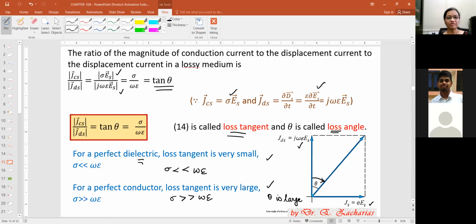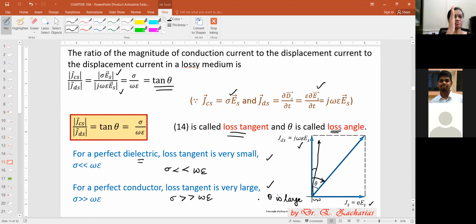Whereas when you come to a perfect dielectric, what will happen? The conduction part will become small, whereas the displacement current will be large. So your graph will look like this, and the loss tangent will be very small. Theta will be almost 0. So only displacement current will be there, there is no conduction.